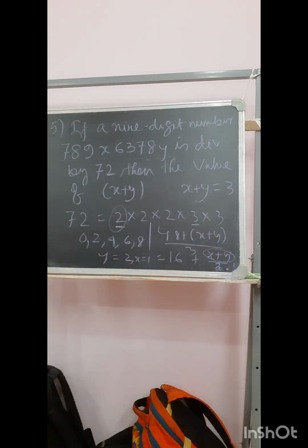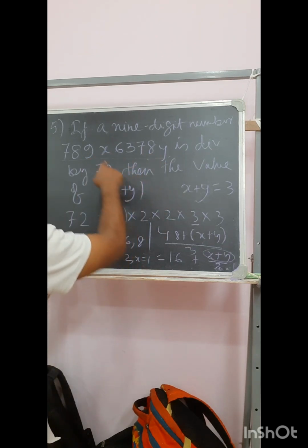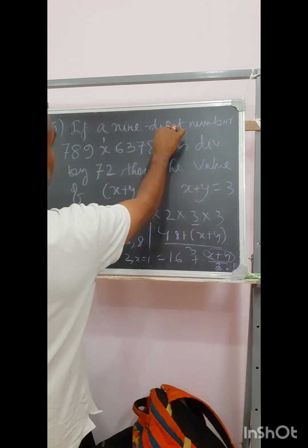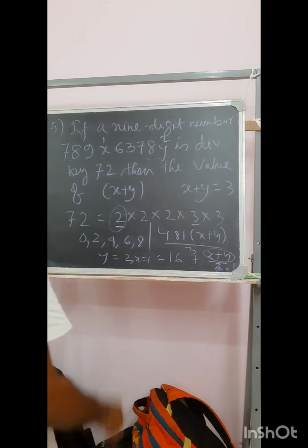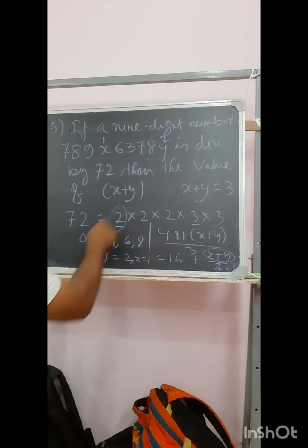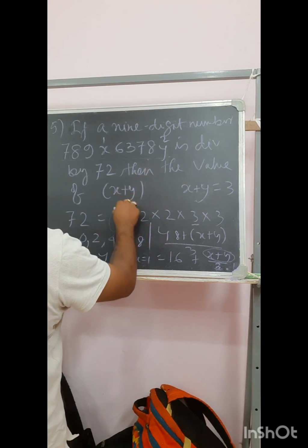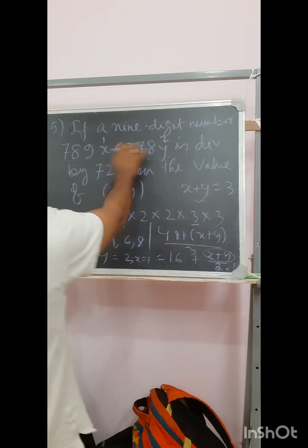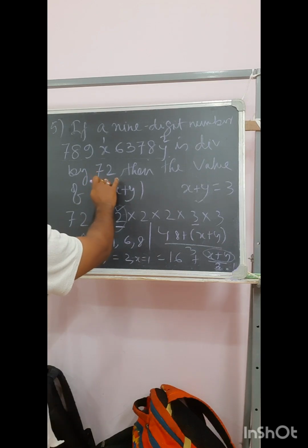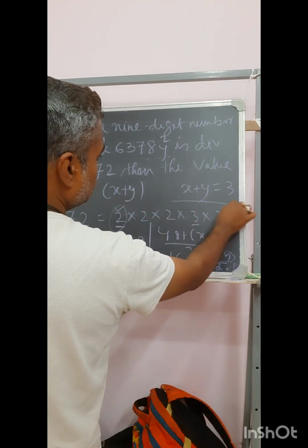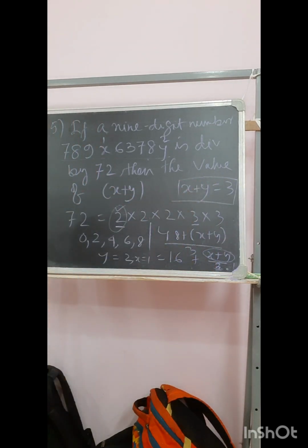So this could be your answer, and this also holds good: x plus y can be 3, with x being 1 and y being 2, and if 2 is in the y place, then it is divisible by 2. So the number is divisible by 72 in that case, where x plus y is equal to 3. This is the requirement of the problem.